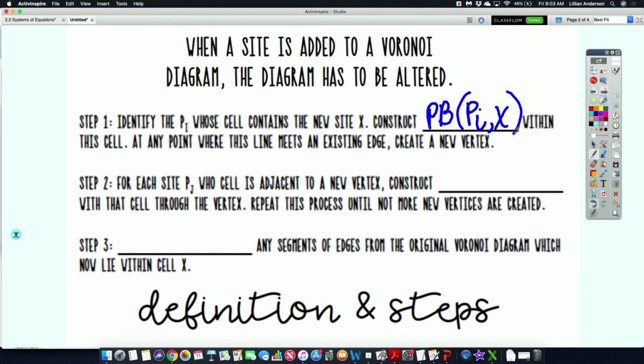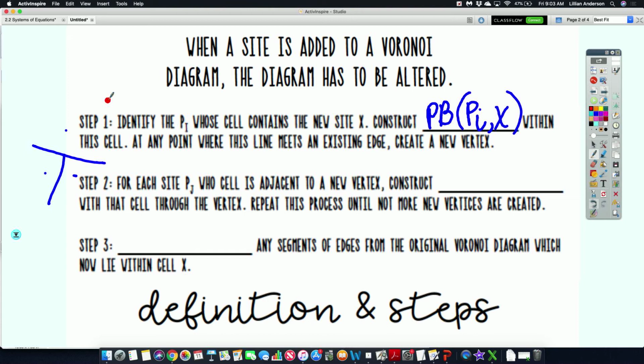So, inside of a Voronoi diagram, you're going to have sites. Here's an example of a Voronoi diagram. You have all these different sites. A new site is going to be placed somewhere within one of the cells that's already there. A cell is basically a region that's divided by the edges of the Voronoi.